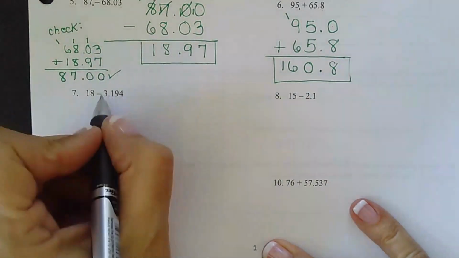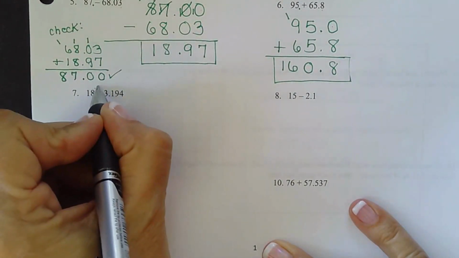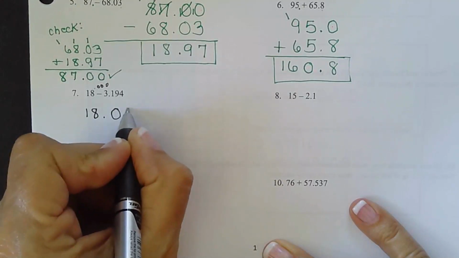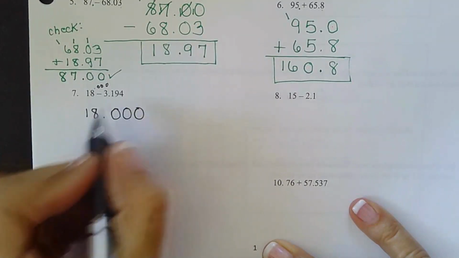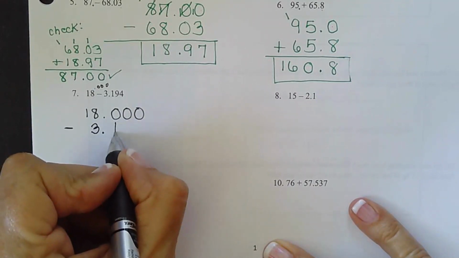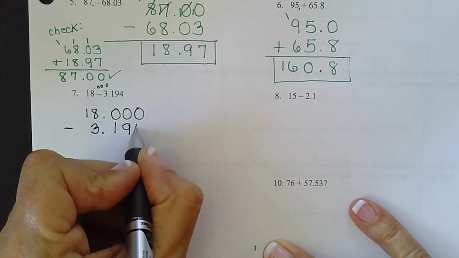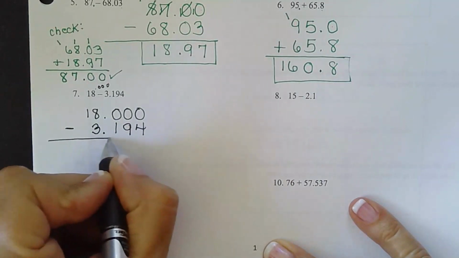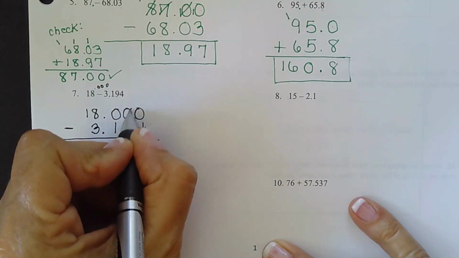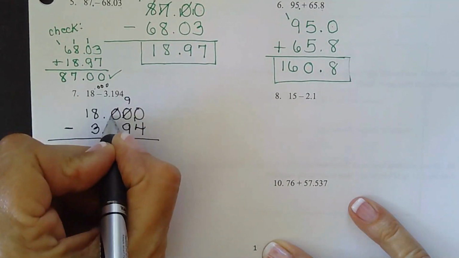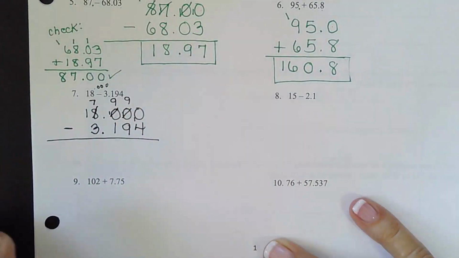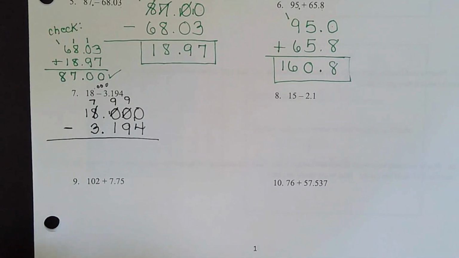Okay, so this first one needs 3 decimal places added, so that would be 18.000 minus 3.194. So another one with a whole ton of borrowing. So 10, make it a 9, 10, make it a 9, 8, make it a 7. So finally we were able to borrow one all the way up in front.